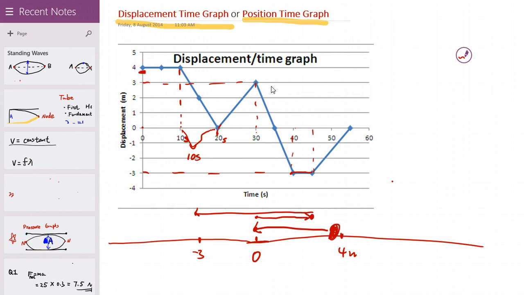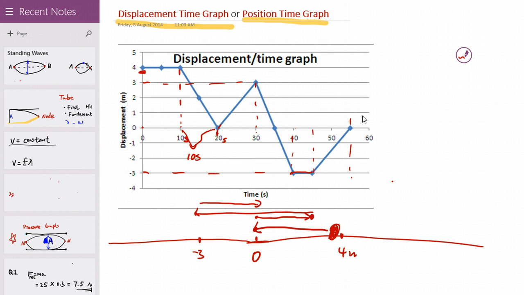Then the man travels back to the original point in 10 seconds' time. So this is how we read our displacement time graph. It tells us how an object moves forward and backwards.